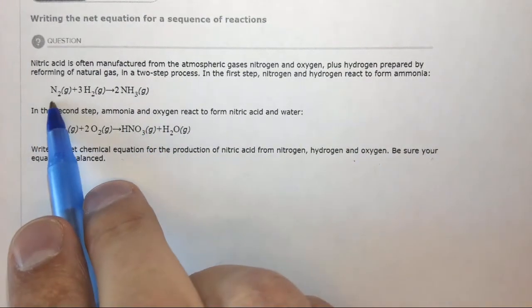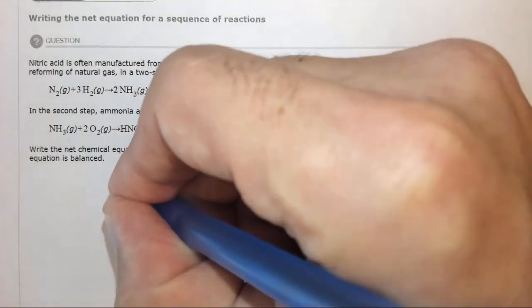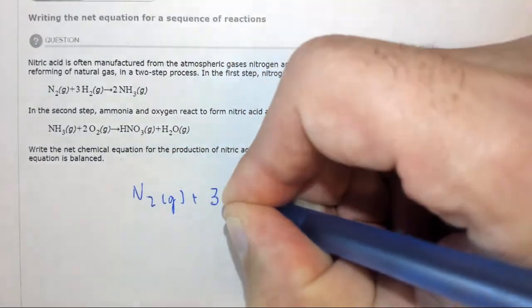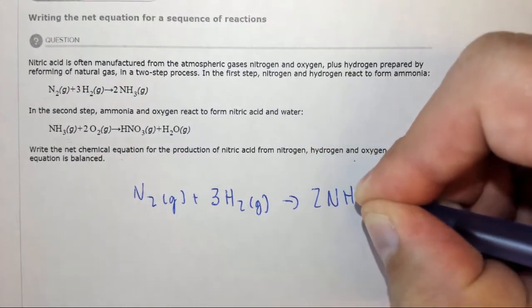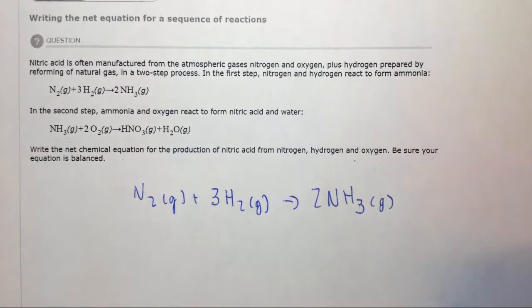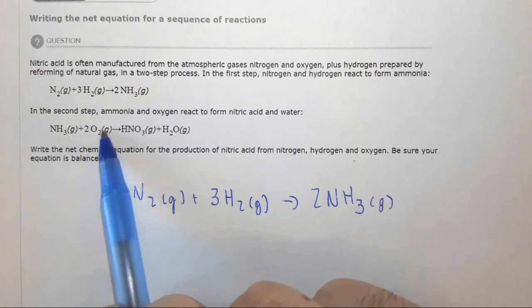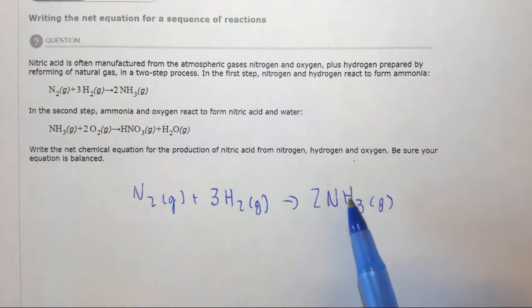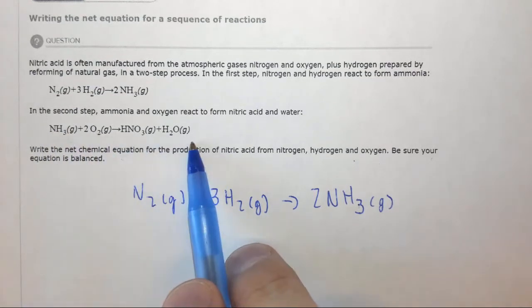So what I want to do is first copy down the first reaction, which is N2 gas plus 3H2 gas yields 2NH3 gas. For the second reaction, though, I don't want to just copy it down. I actually want to double it so that two ammonia will cancel out with the two ammonia on the product side over here. But when you double the ammonia, you have to literally double everything else.